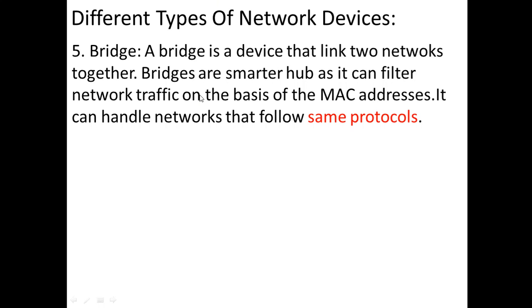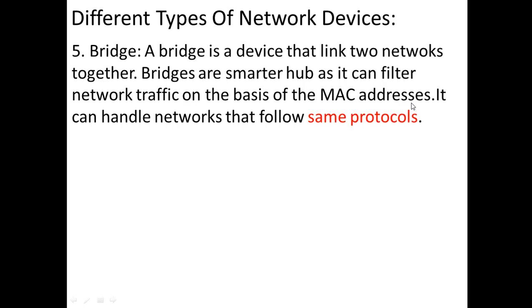Bridges are smarter hubs, as they can filter network traffic on the basis of MAC addresses. It is a very smart hub and it can easily recognize which computer system is on which side of the bridge.